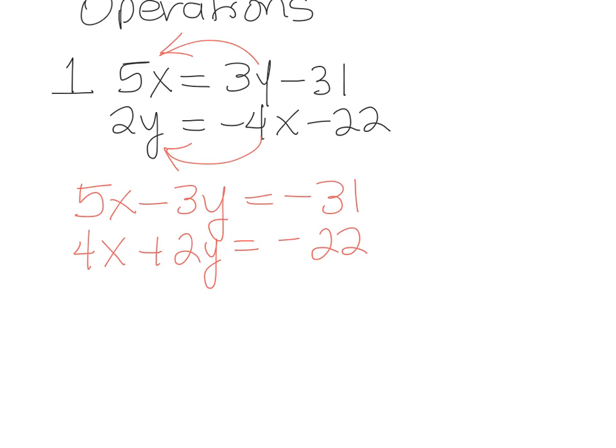Or even faster, you just multiply by the opposite, yes. So the first one, you multiply by negative 4. The second one, you multiply it by positive 5, right? Minus 3y, and then it's a 4x plus 2.